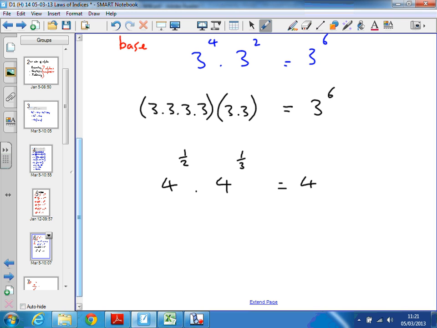Right, so that's like 4 to the 3/6, because a half is 3/6, multiplied by 4 to the power 2/6, which is 4 to the 5/6. Right, so it works with fractions. And we'll come on to the fractions when we look at that law of indices with the roots in, if you remember. So we'll need that for that.